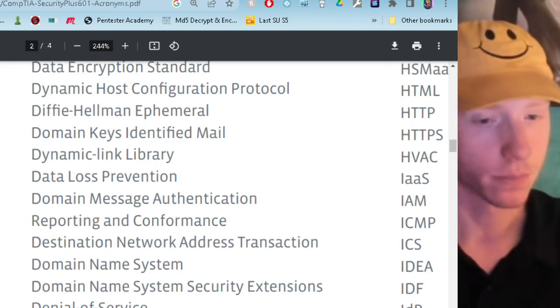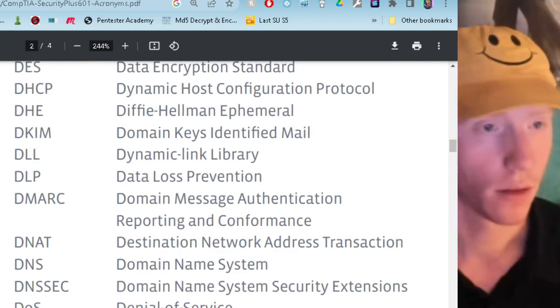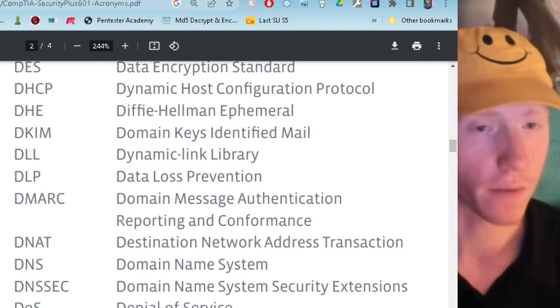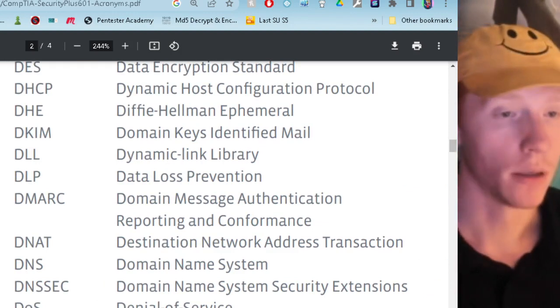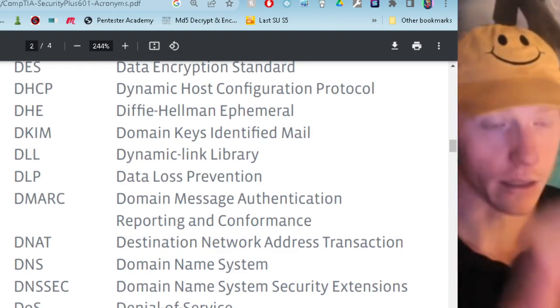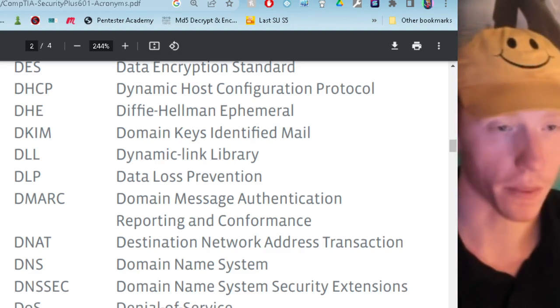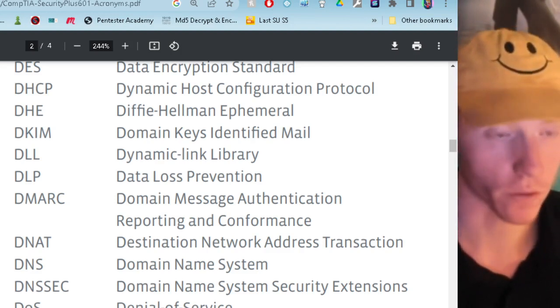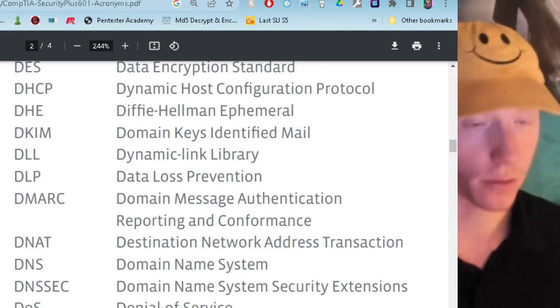DKIM, DomainKeys Identified Mail. DLL, Dynamic Link Library. DLP, Data Loss Prevention. DMARC, Domain-based Message Authentication, Reporting and Conformance. DNAT, Destination Network Address Translation.